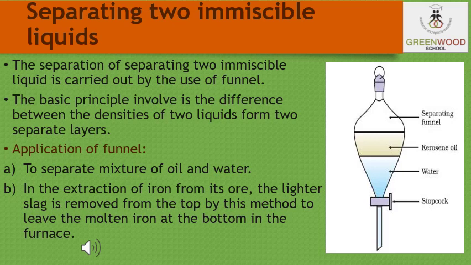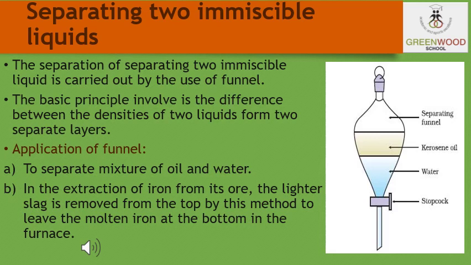This method is used to separate a mixture of two immiscible liquids. It is based upon the principle that immiscible liquids separate out in layers depending on their densities. There are a few examples of this technique. A separating funnel is used in the separation of a mixture of oil and water.